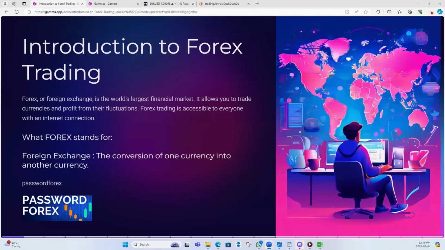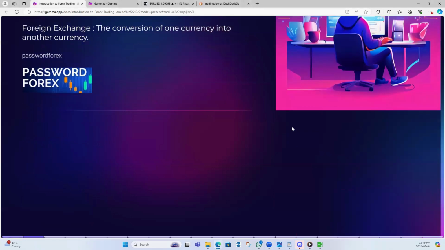All right, so you're exchanging one currency into another currency. That's what forex trading is all about. Okay, so this is in a nutshell what it is.